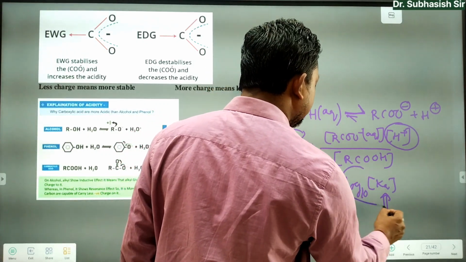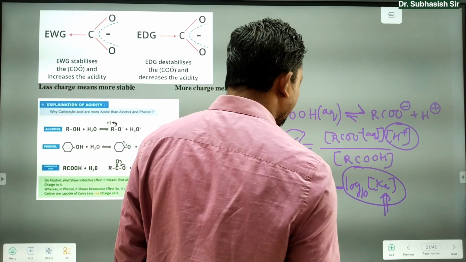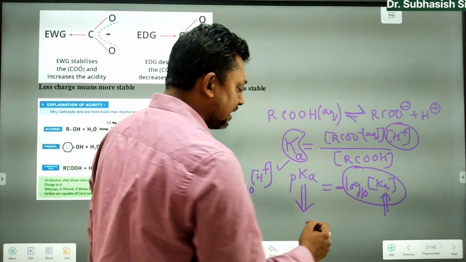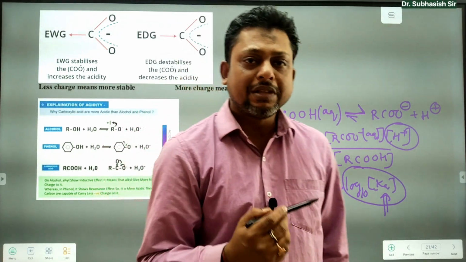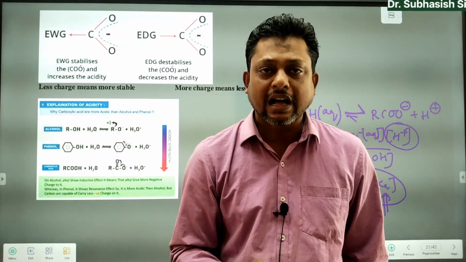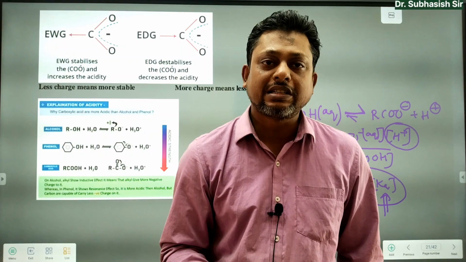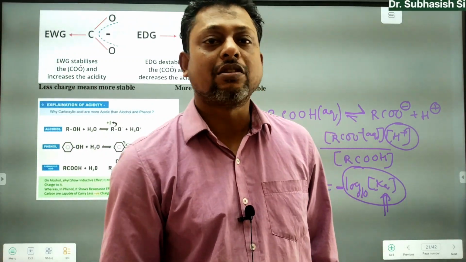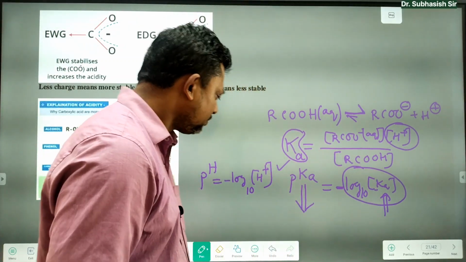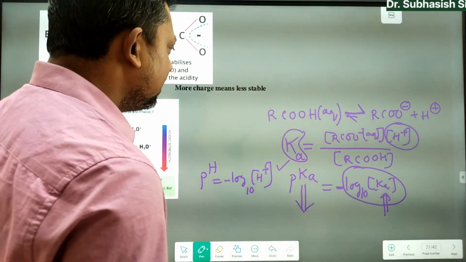So if Ka is more, then pKa is less. We can say that if the dissociation constant Ka value is high, then pKa will be low, and at the same time acidity is also high. So this is a very important thing.